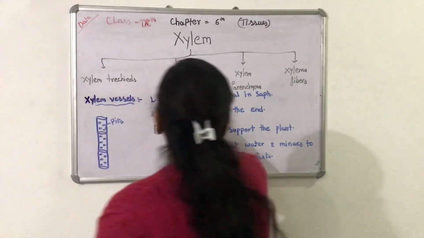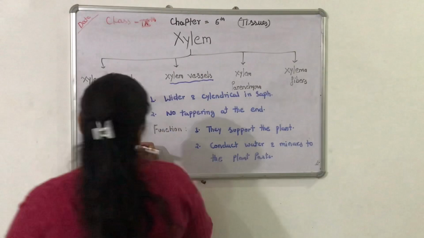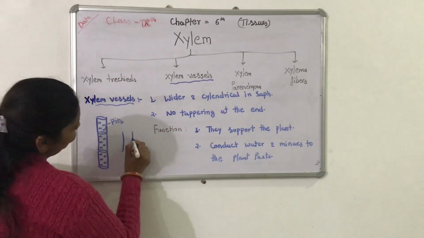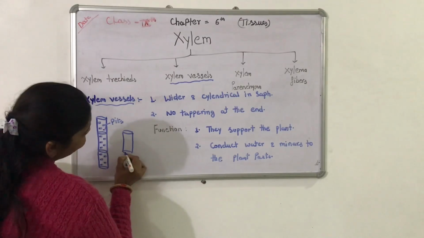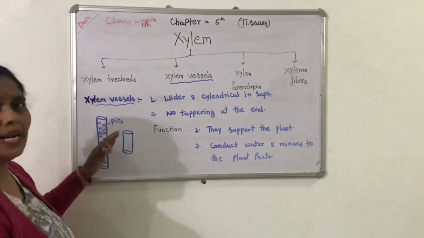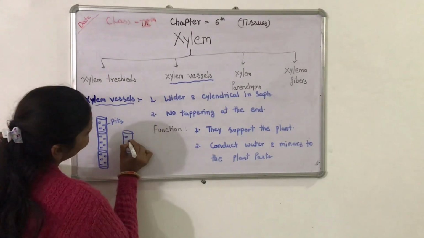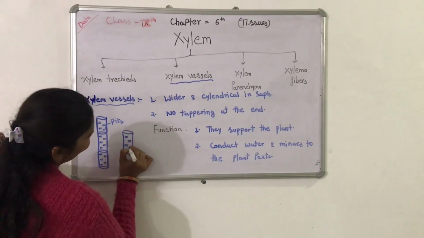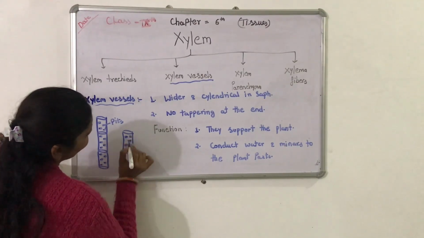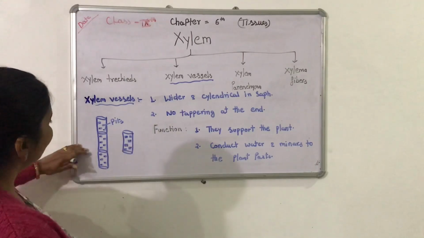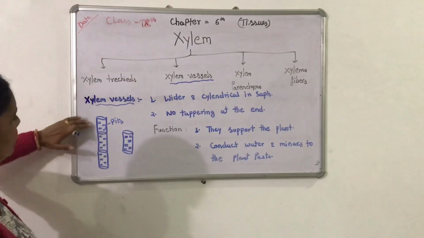Let's proceed to xylem vessels. Xylem vessels, if I see the structure, are wider and cylindrical in shape with no tapering at the end. They also have pits in their cell wall, and their cell wall is lignified and thick. These vessels lie on one another.